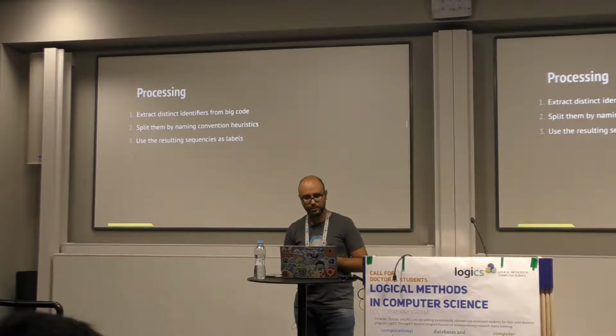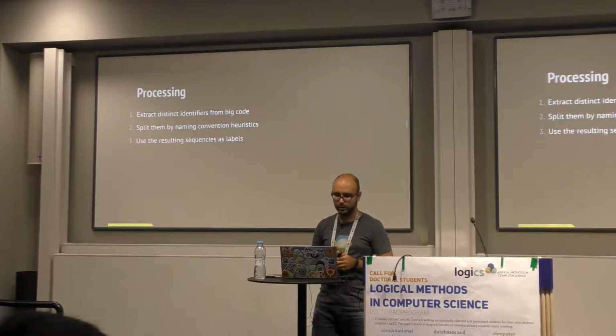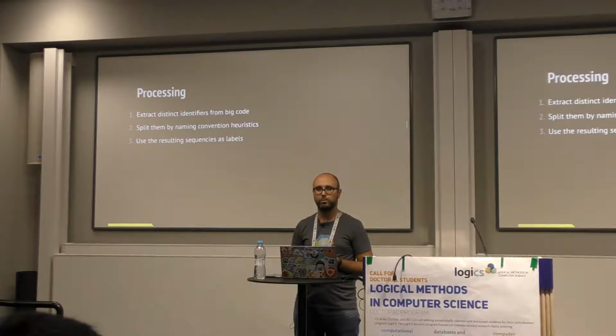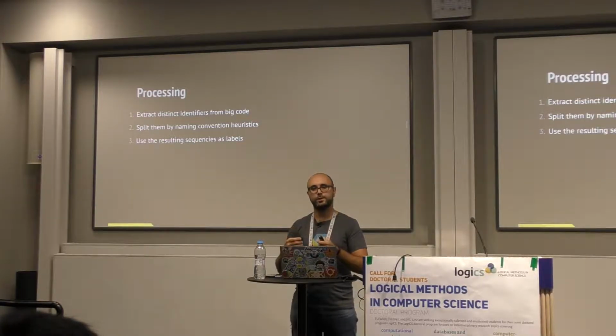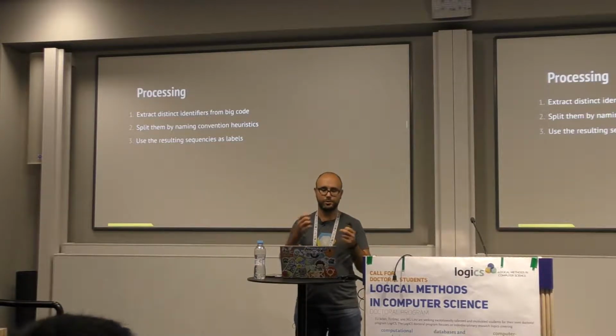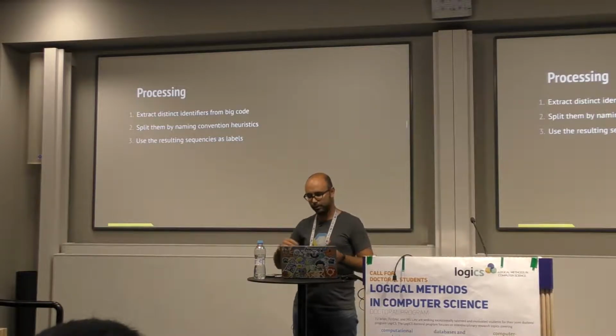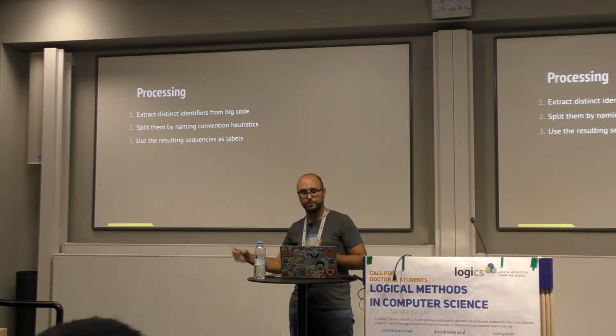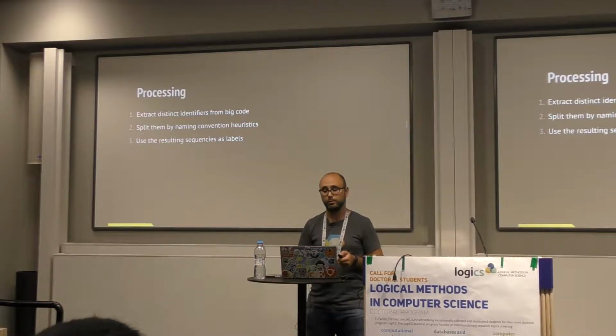Based on this data set, we extract identifiers from the head revision of all the projects. Then we split them by naming convention. And we say that this is our training set, and this is how we should split. So we pretend that the initial identifier is all lowercase, and we already have the labels. So this is how we train our model.